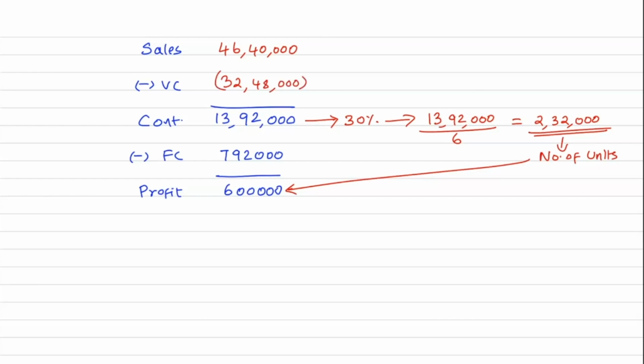So from 46,40,000, if you subtract 32,48,000, automatically you are going to get this 13,92,000. So which proves that it is correct. From that, deduct the fixed cost of 7,92,000. So you get a profit of 6 lakh. So answering the question, how many units should be sold to achieve a profit of 6 lakh? It is 2,32,000 units.